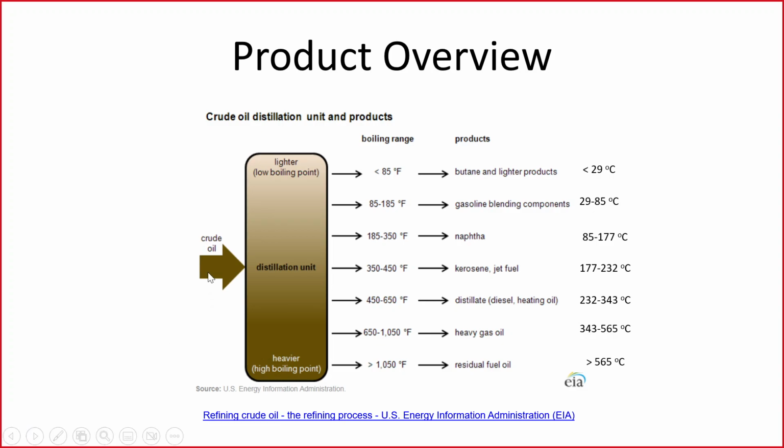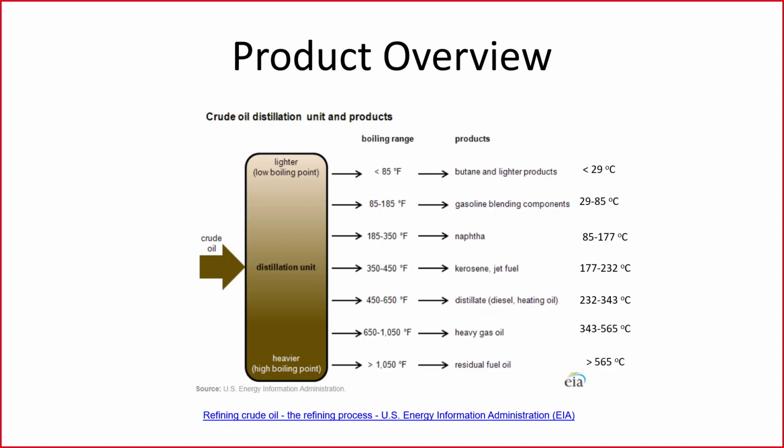We start with crude oil in a typical refinery, and from the crude oil we go to the distillation unit. In the distillation unit we separate things based on boiling point, but basically it is based on volatility.